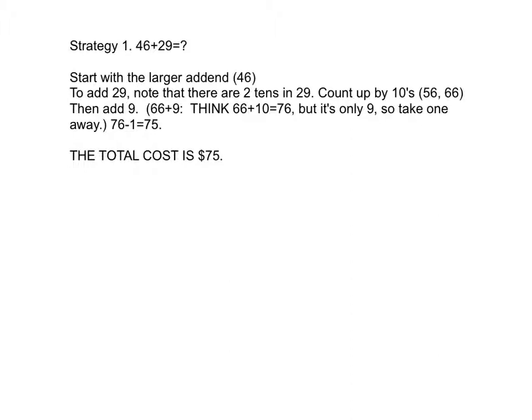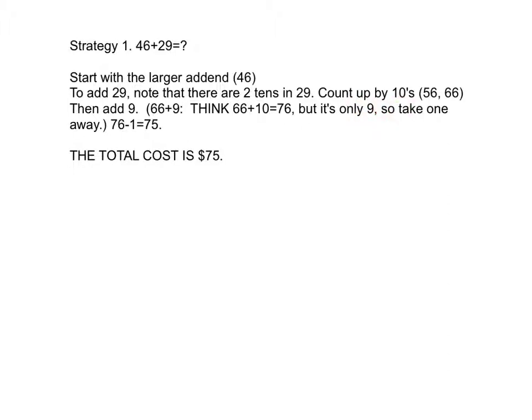Strategy 1 for adding 46 plus 29. Start with the larger addend. Remember, the addends are the two numbers that you're adding together, and the answer you get is the sum. So you start with the larger addend, 46. To add 29, note that there are two tens in 29. Count up by tens.